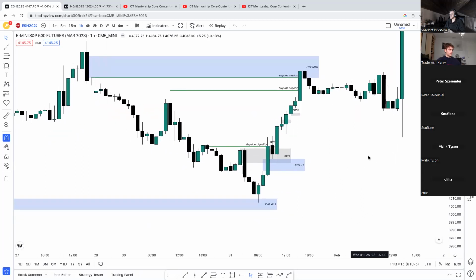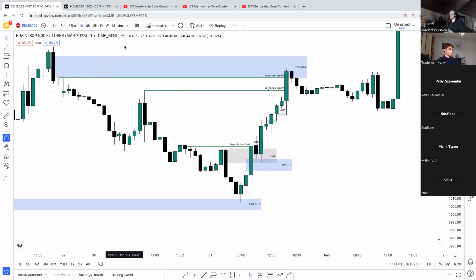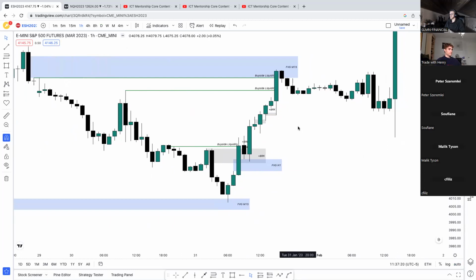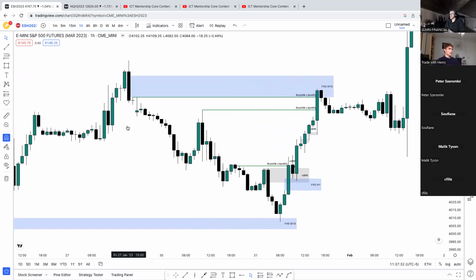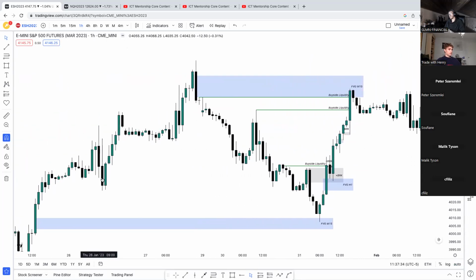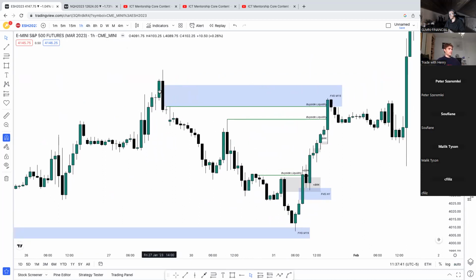On this one, could we consider the highest high between the lows, the low that takes the liquidity and the original low? So could we take the highest high between the two lows? Are you talking about this candle? Yeah, I'm on an hourly chart here. Would you consider this a breaker?